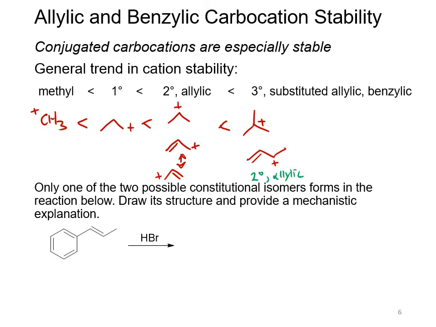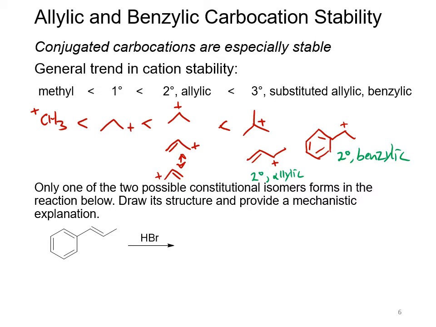And more stable, or similarly stable, are benzylic cations, right? And those are the ones that are adjacent to a benzene ring. And so the example I've just drawn is secondary and benzylic. So this is just a general trend of the hierarchy.